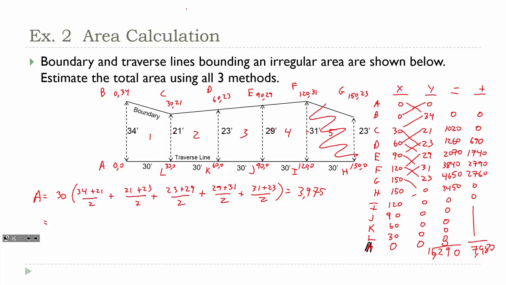But yeah, so with Simpson's rule, if you were to use it, you're taking H1, which in this case would be 34, and then 2 times the sum of the odd ones.